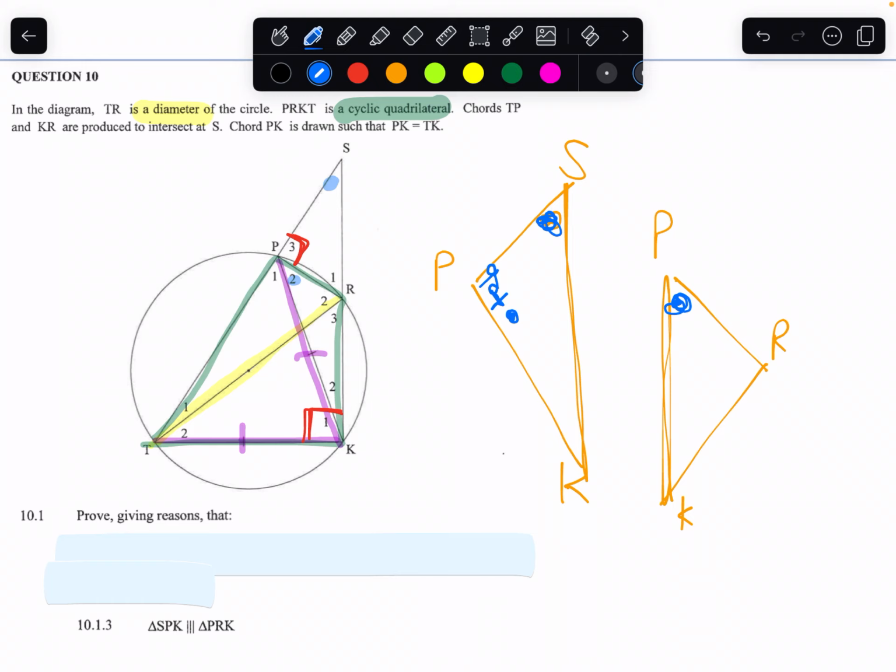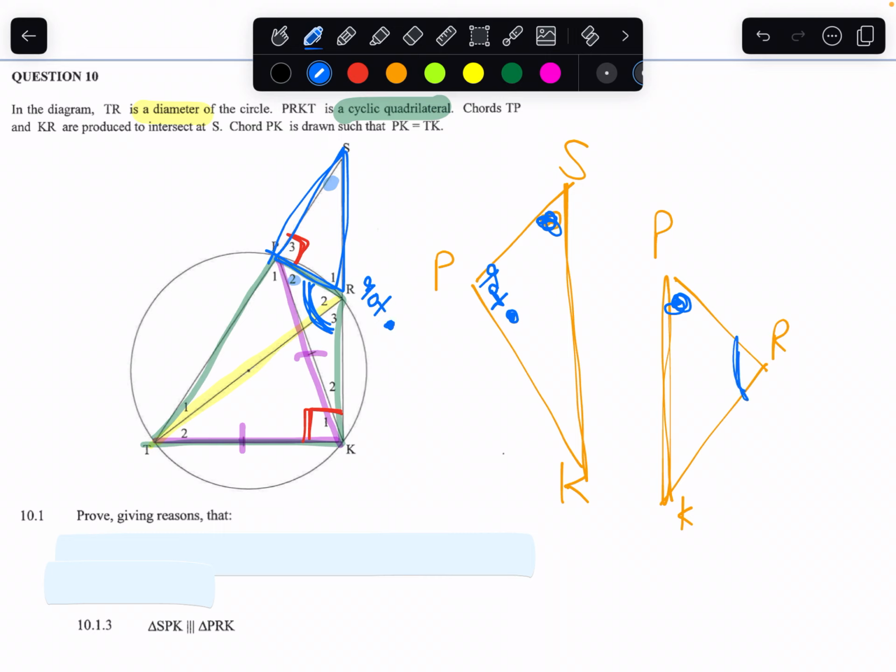Without even doing angle sum, if you look at triangle PRS and you look at this angle, it's an exterior angle of triangle PRS, so it is equal to 90 plus whatever that angle is.